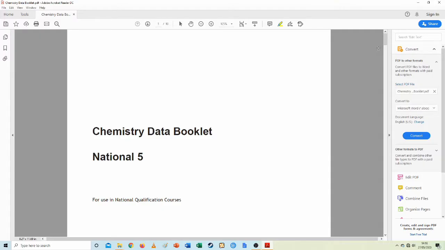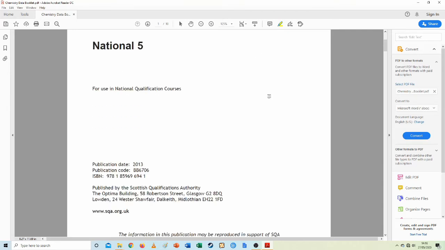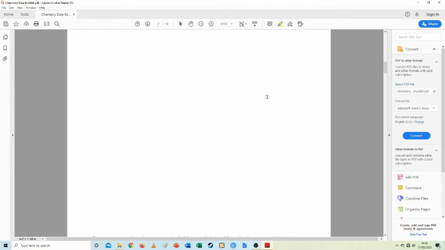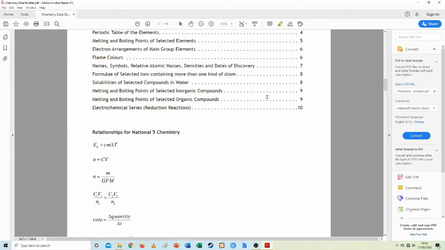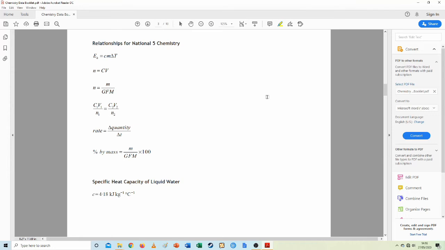Okay, so whenever you come to a calculation question, it is a very good idea to take a look at the data booklet. If we scroll down, it is this first page that's got all of our relationships or equations for chemistry. The one that we're interested in is moles equals mass divided by GFM.